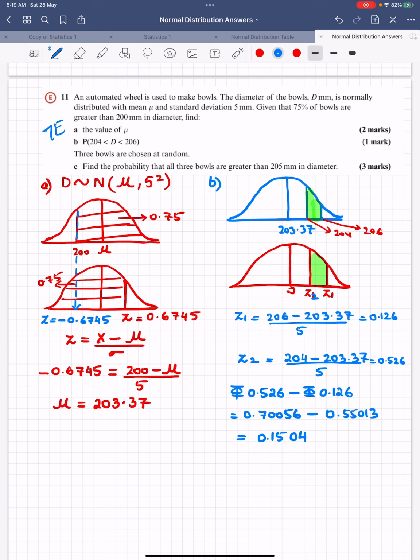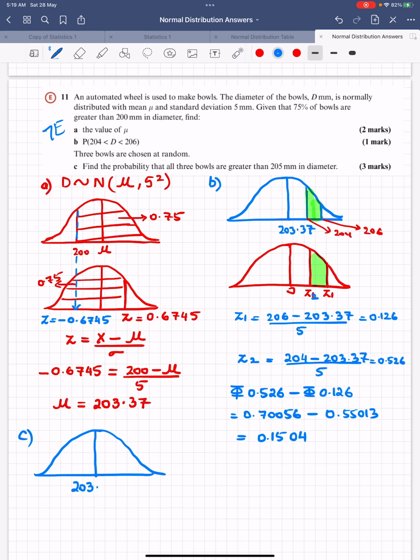Now for part C, the question says find the probability that all three bowls are greater than 205 millimeters in diameter. Again we need the probability of greater than 205. For C we draw a small bell curve; drawing a bell curve always gives us a clearer view.